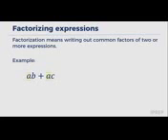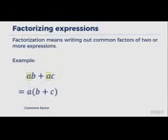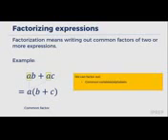You can see that A is common to each of the terms. So what we normally do is to factor this out. This means A is a common factor. We normally do factorization if there are common variables, and also if there are common factors between the coefficients of the terms in the expression.